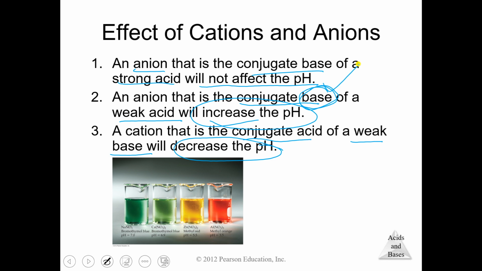Bases are the acceptors. Acids are the donors. If the conjugate is a strong base, it will accept lots of the hydrogens and increase the pH to become more basic. If the conjugate acids are very strong, it'll donate in the reverse reaction many hydrogens to numerically decrease the pH to make it more acidic.